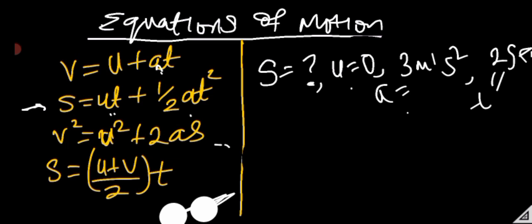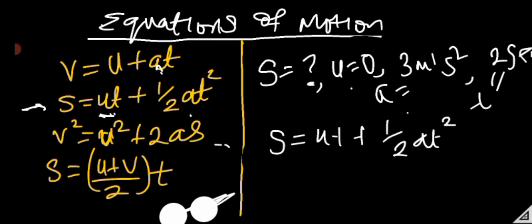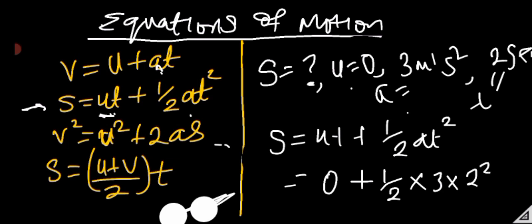So we use number 2: s is equal to ut plus half a t squared. Our u is 0, so 0 times t becomes 0, plus 1/2 times a, which is 3, times t squared, which is 2 squared.